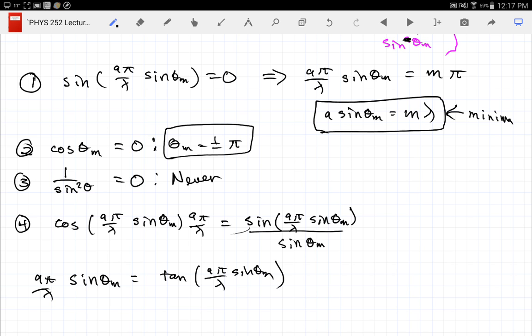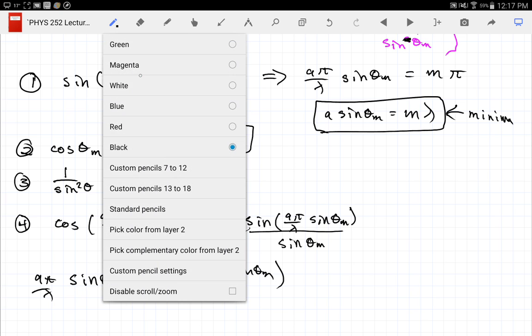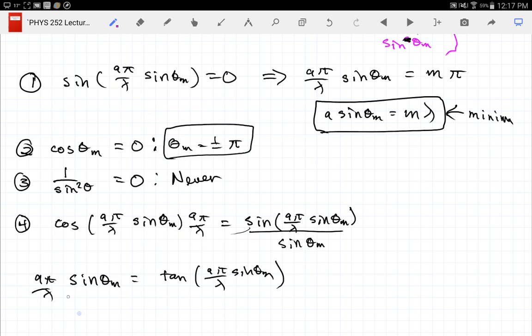My handwriting is getting more and more sloppy, I think. This is a transcendental equation. You can't solve it analytically. What you do is you just say, okay, let's define a variable. We will say that this whole thing is x. And so the equation becomes x equals tangent of x.